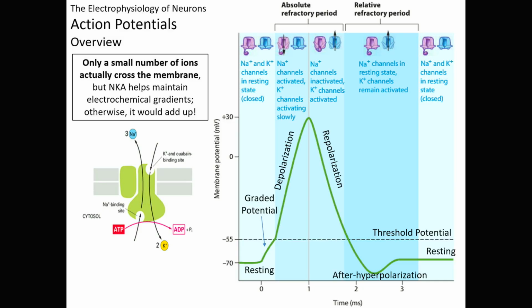So we've already acknowledged earlier that that's the job of the sodium-potassium ATPase, to pump these sodium and potassium ions back across the membrane, right? So that's happening at resting potential, where we have a small number of ions leaking across the membrane to establish the resting potential, and the sodium-potassium ATPase pumps them back.